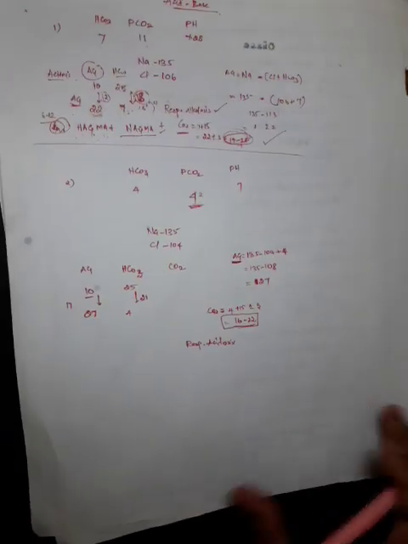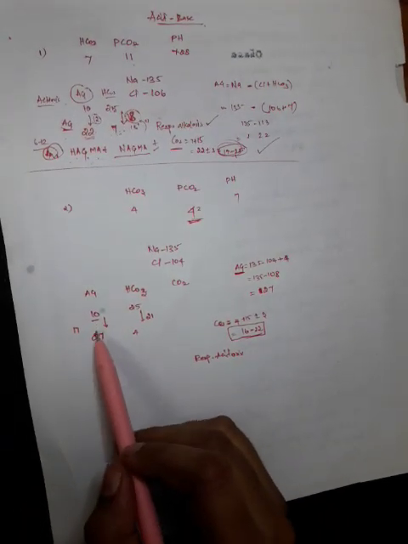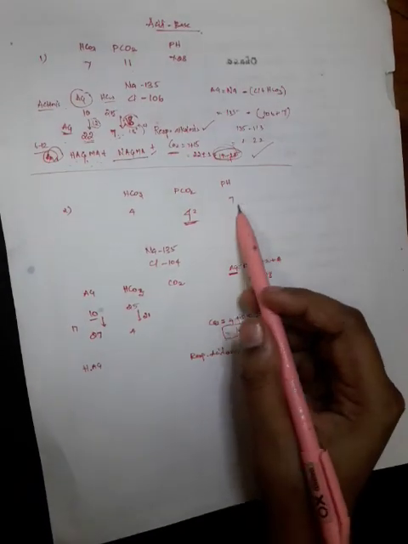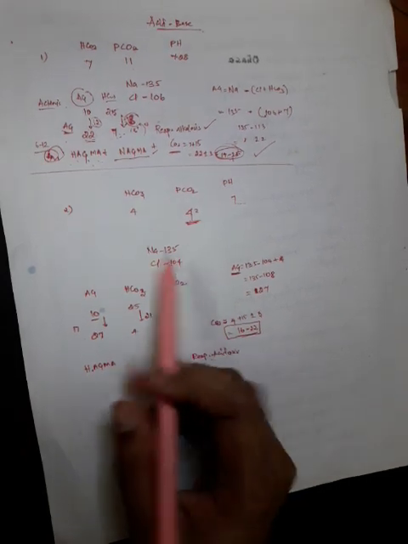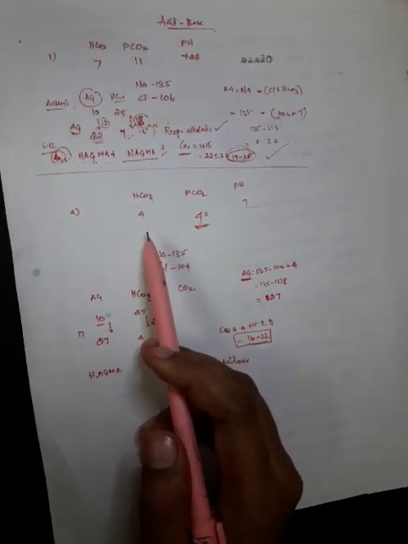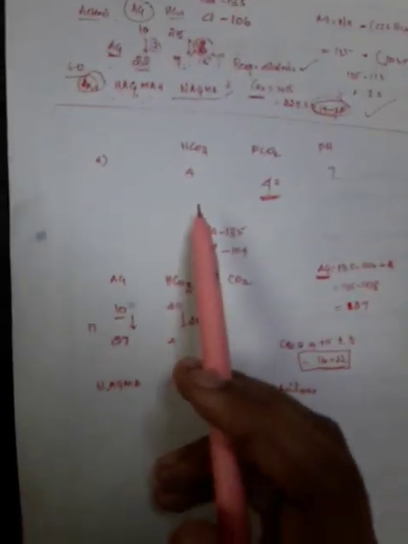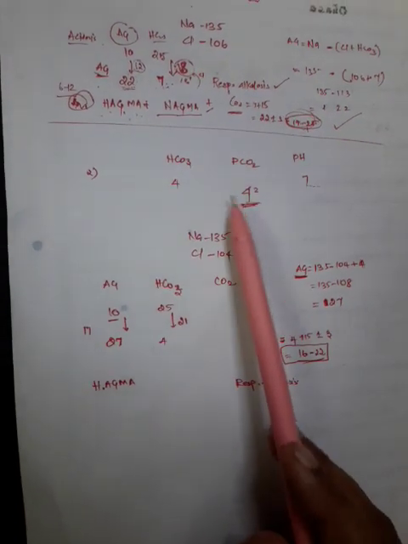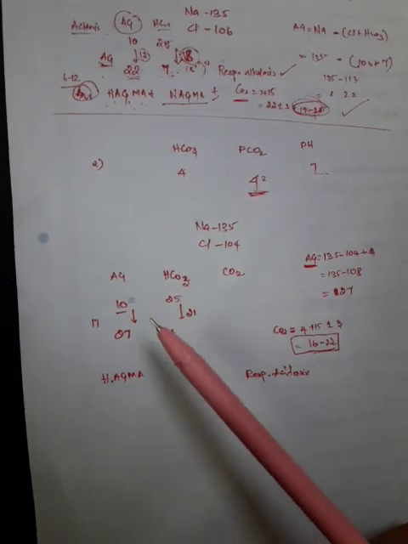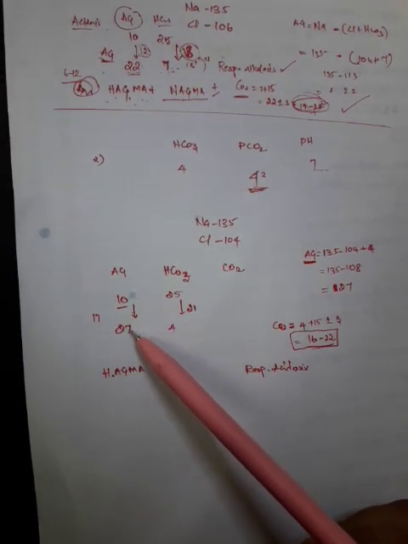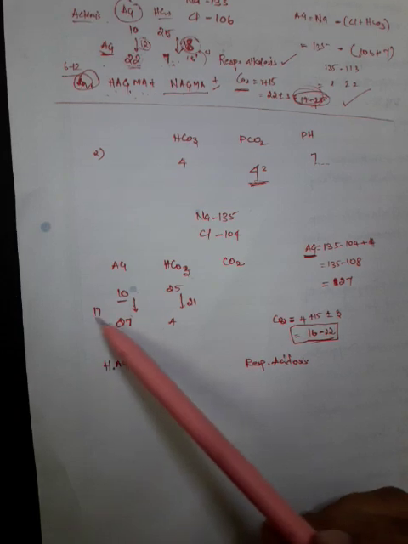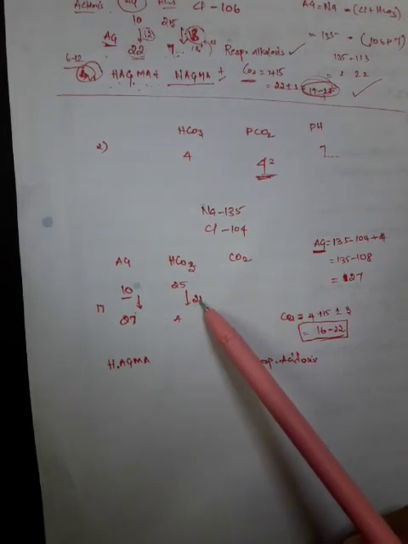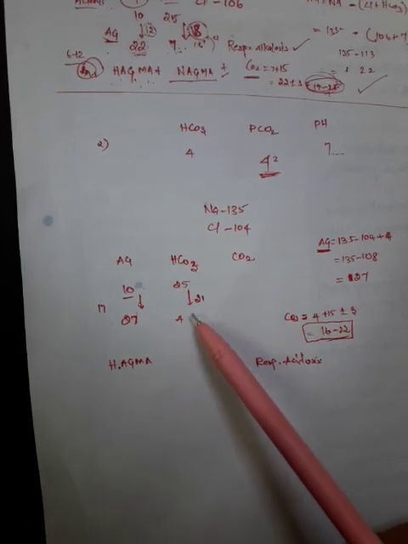Then see here the anion gap is increased, so high anion gap. pH is low and bicarbonate is also 4, so metabolic acidosis. Then here the anion gap has increased by 17, so bicarbonate should decrease by 17.